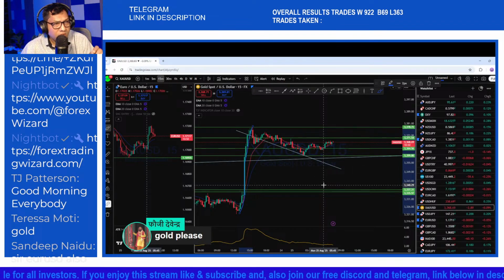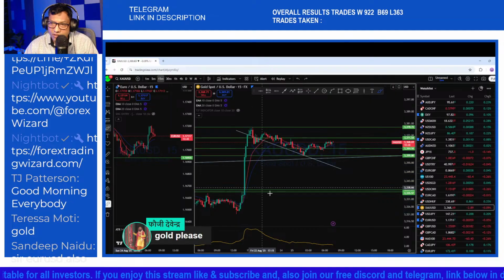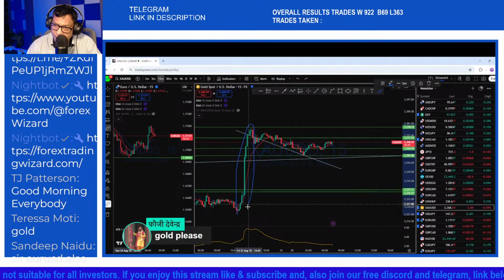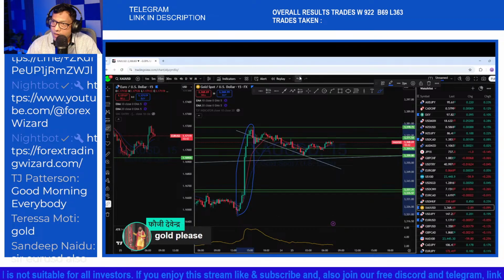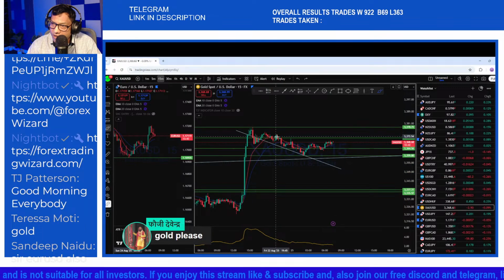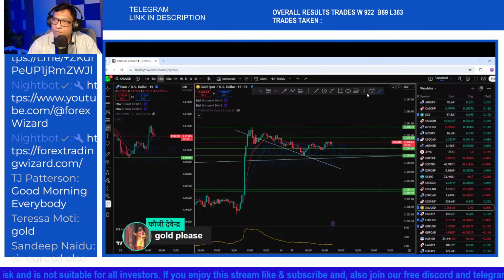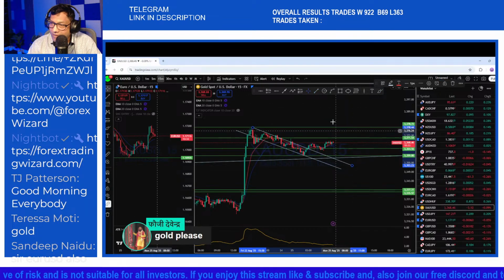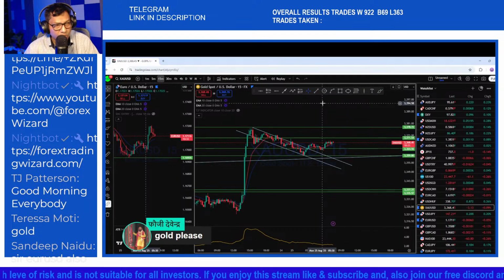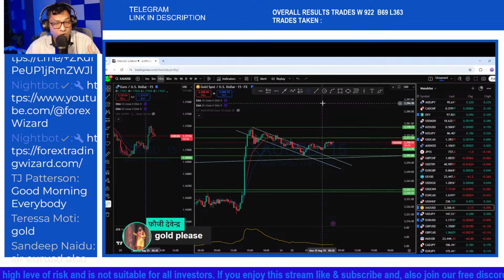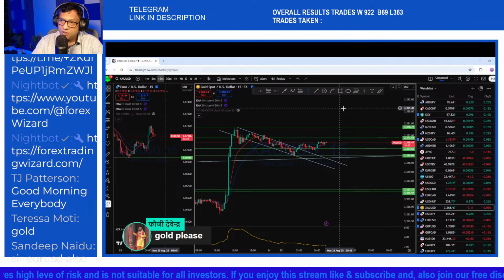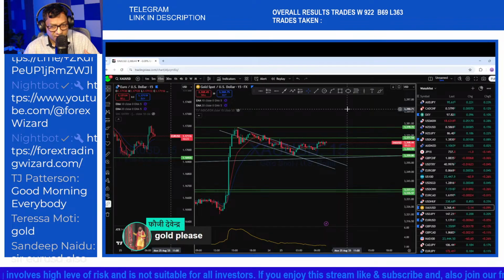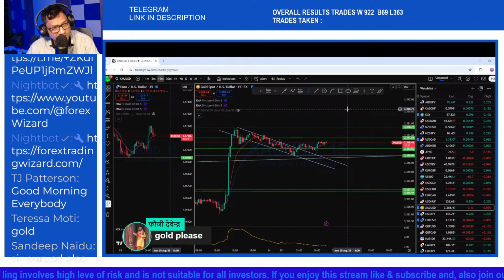And that impulse, if you look at it, is a complete break to the upside, followed by an ideal bull flag formation. Understanding patterns will give you a very clear understanding of, in fact, how the market moves. Or I would say that this is the navigation of the market.